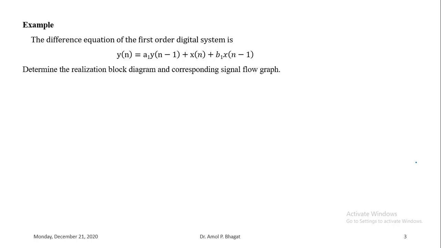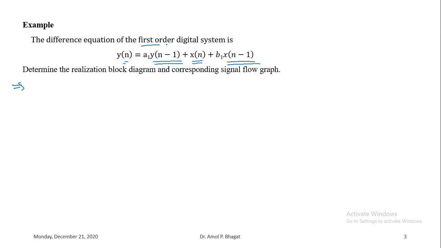So here you can see that one difference equation has been given. y of n equals a1 y of n minus 1 plus x of n plus b1 x of n minus 1. So the output y of n depends on the past output y of n minus 1, the present input x of n, and the past input x of n minus 1. Right.